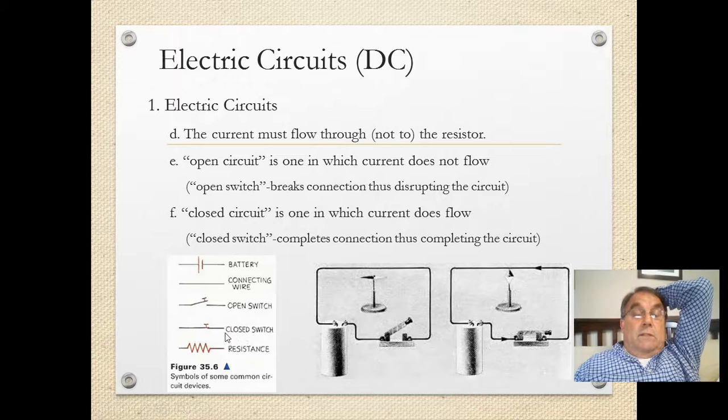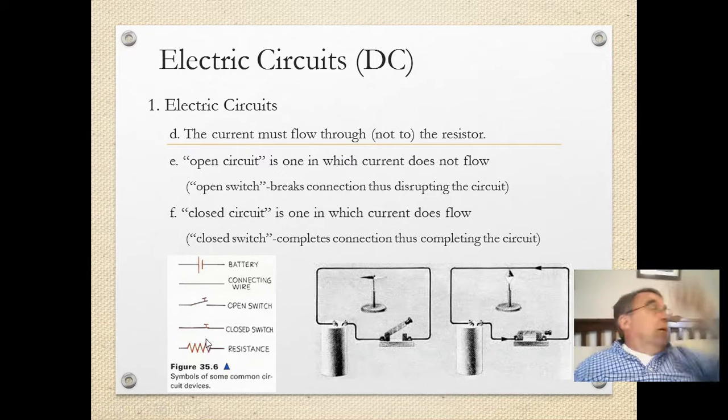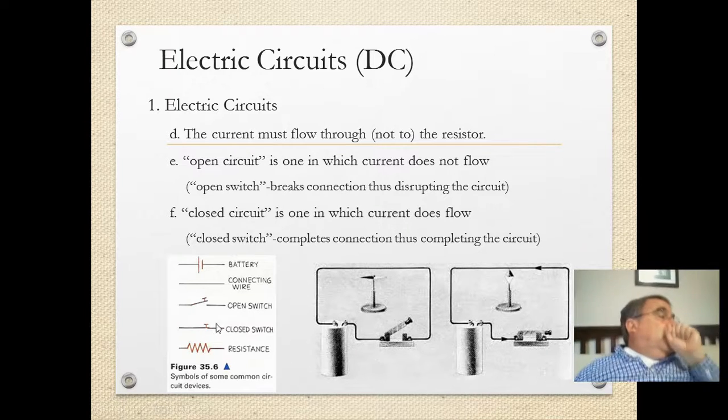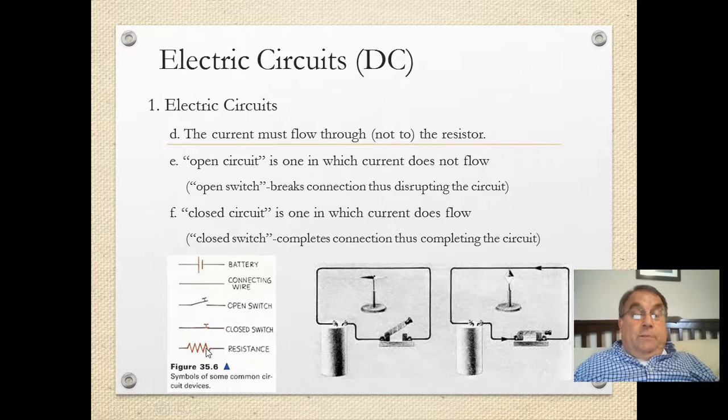A closed switch means there is a complete circuit and current can flow. They're kind of counterintuitive, but if you look at the diagram, they make sense. This squiggly line pattern shows a resistor, and it could be a light bulb or any device that requires current to operate.